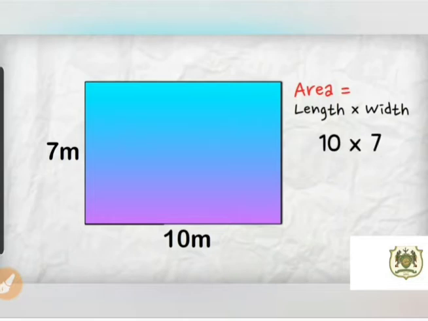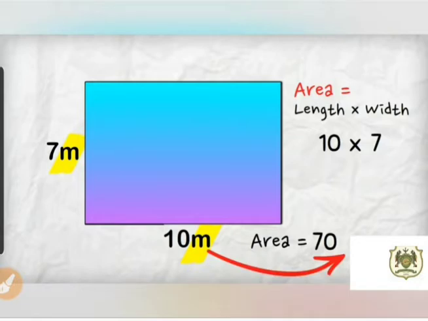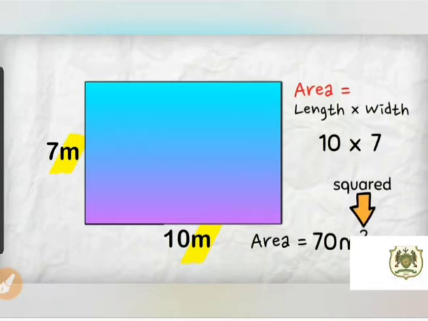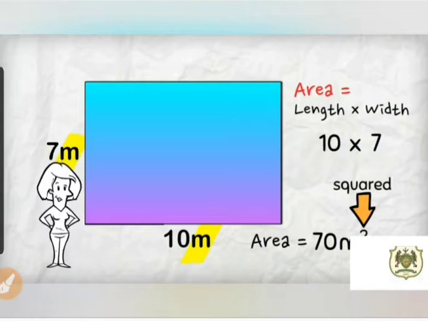When I multiply it, I get 70 meter square, which is the area of this rectangle. So, whenever you need to find the area of a rectangle, you use the formula length into breadth or length into width.